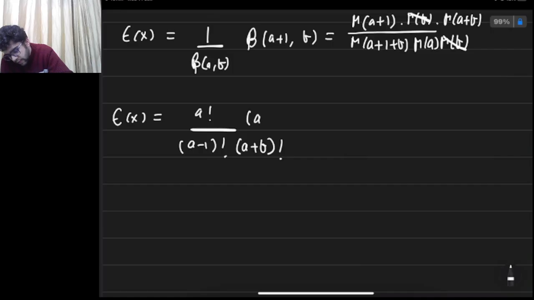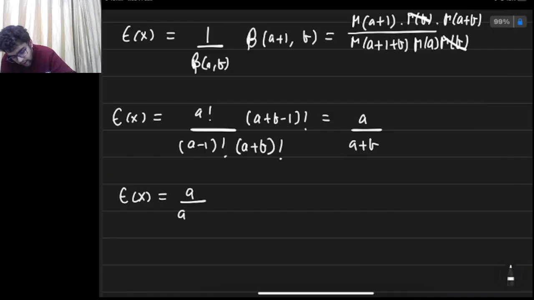This becomes a plus b minus 1 factorial, right? So this ultimately gives me a divided by a plus b. So my expected value becomes a divided by a plus b.